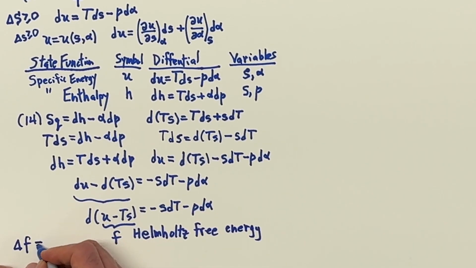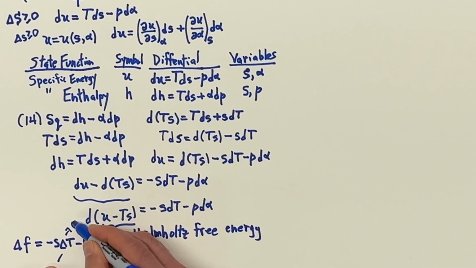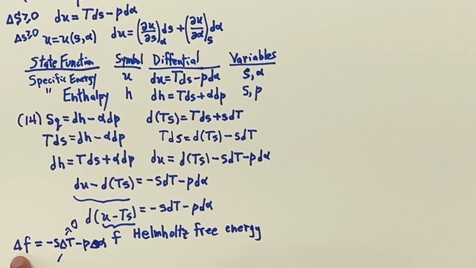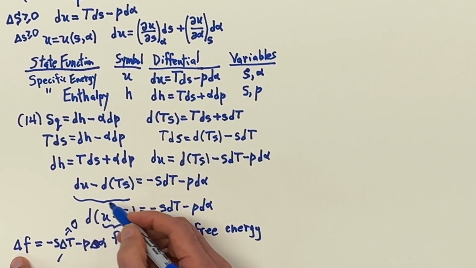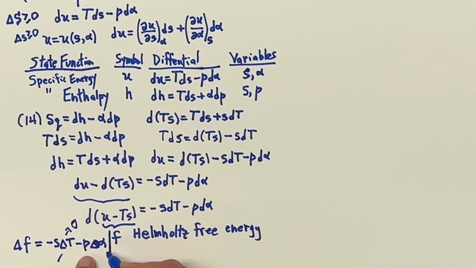Delta F here would be minus S delta T minus P delta alpha. So for a constant temperature, this is gone, and the change in the Helmholtz free energy is going to be given by this work that's done. This is work. The work is done. So at constant temperature, doing work lowers the Helmholtz free energy. So you can think of having energy.